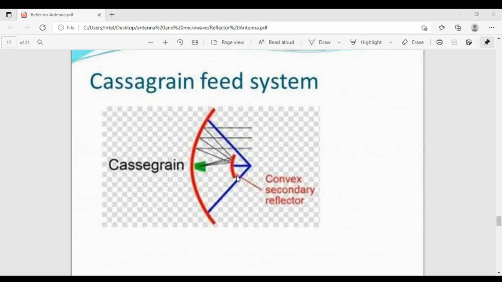The blocked rays problem will occur. While the hyperbolic reflector is located in that area, we cannot receive the reflected waves, so the blocked rays problem will occur.